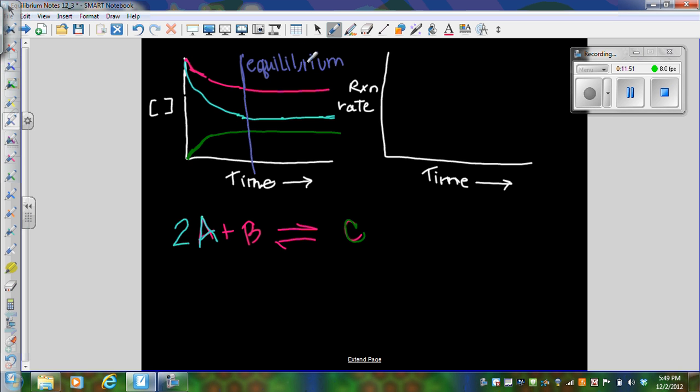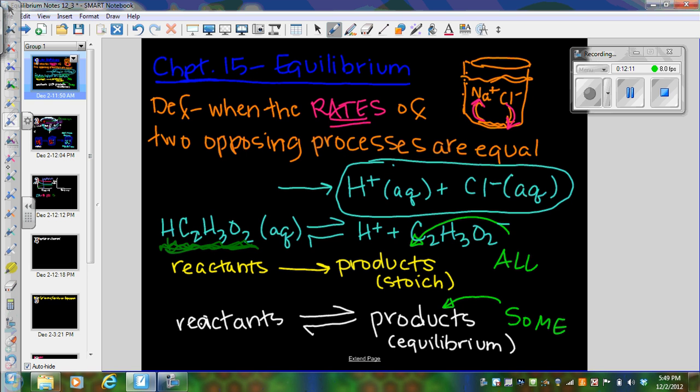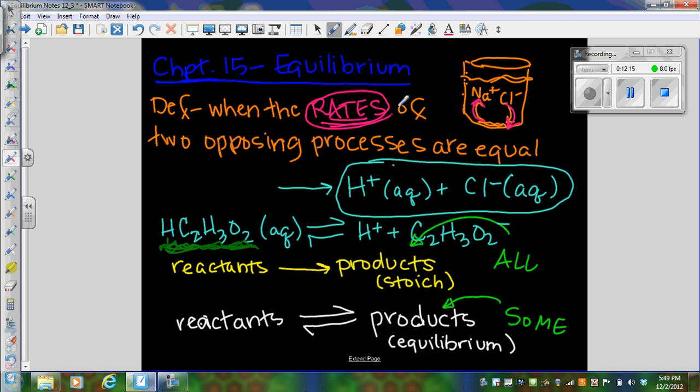Now, in terms of reaction rate, this graph is going to look a little bit different. Because if you remember from one of the earlier slides, let's go back to this first one, we talked about how the definition of equilibrium is when the rates of two opposing processes are equal.